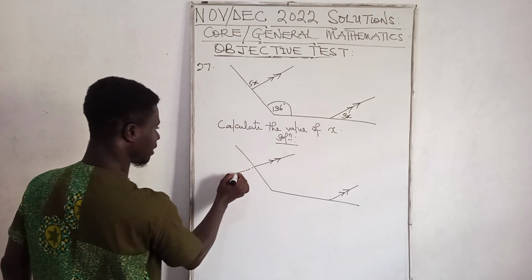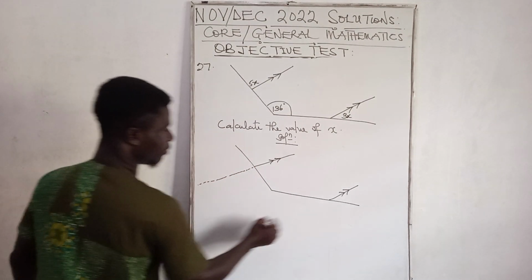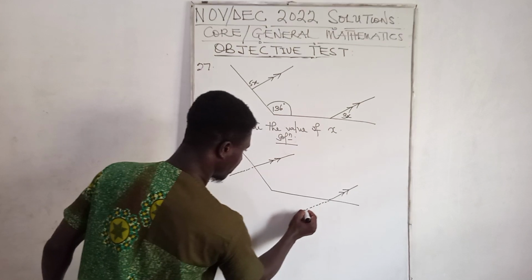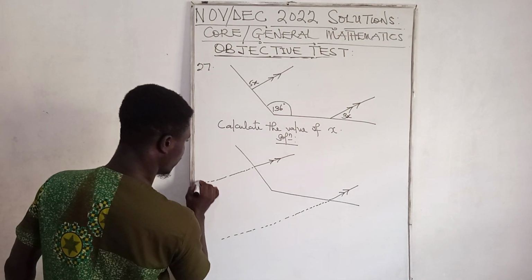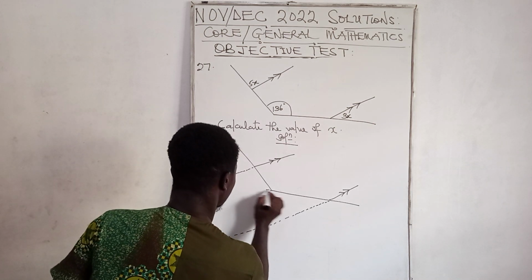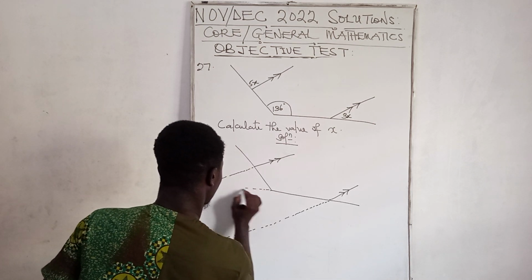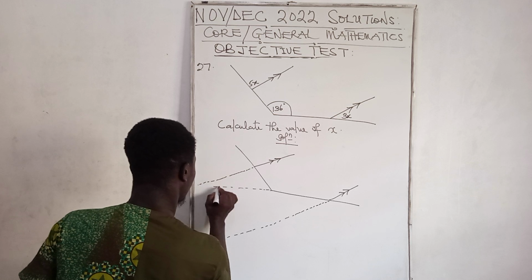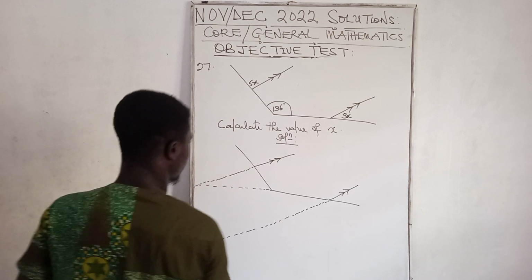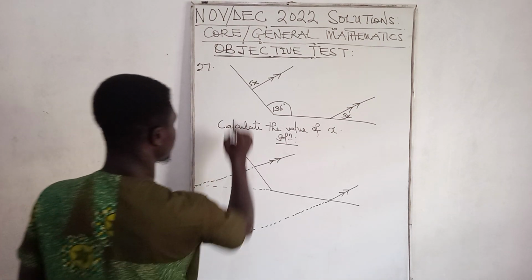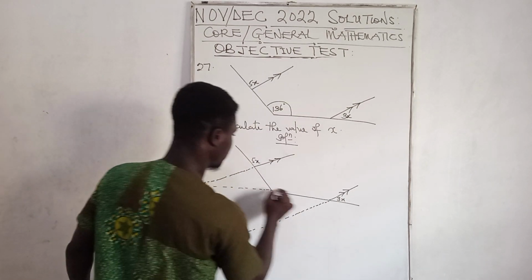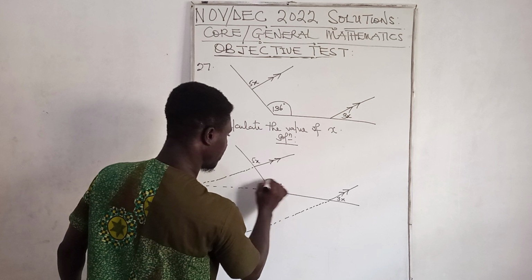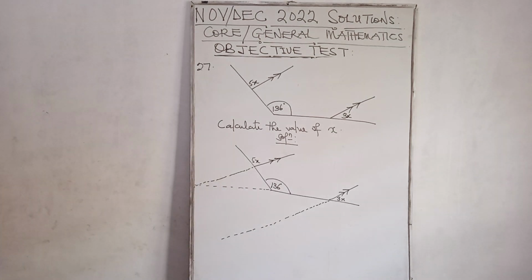So I can extend this line down, and I can also extend this one down. Now I have here 5x, here 3x, and here 136 degrees.